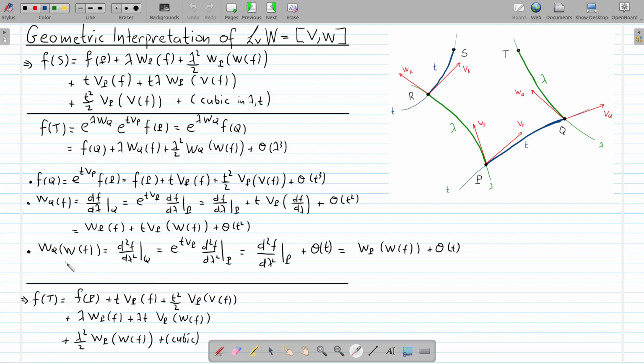Then we obtain the analogous expression that we obtained for f of s, but now for f of t. We have those three terms, those three lines, then we ignore terms that are cubic in lambda and t.